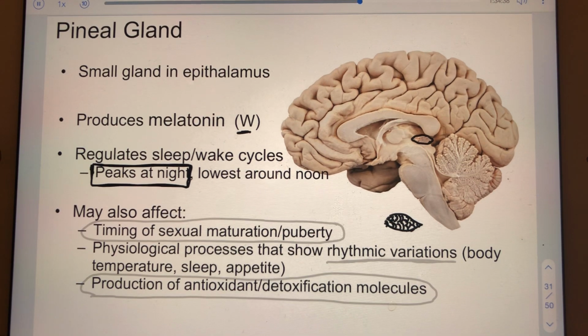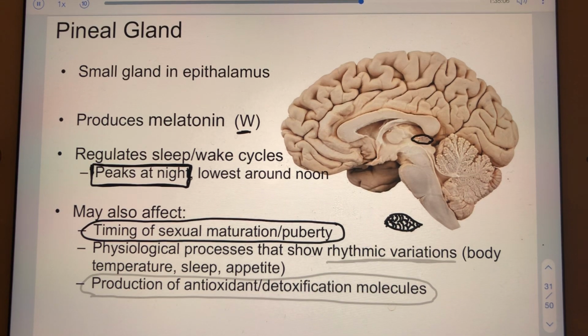And it's likely that melatonin, in addition to sex hormones, affects when we undergo puberty, and therefore when we develop secondary sex characteristics, which I will talk about soon, I promise. I didn't forget. I know it seems like I did.